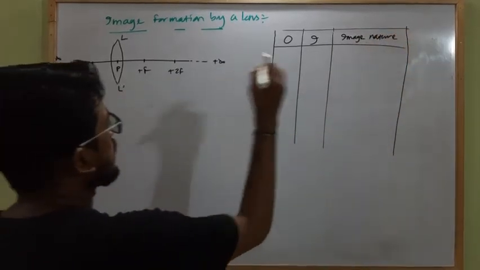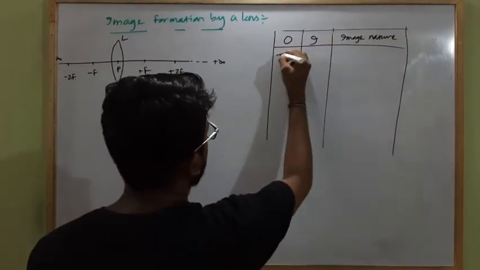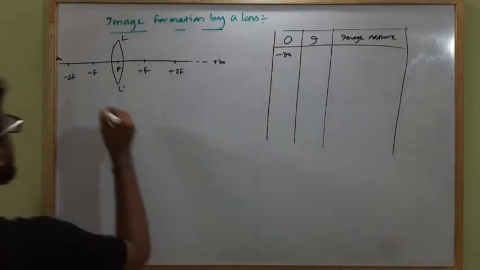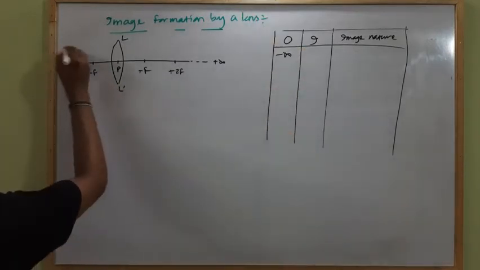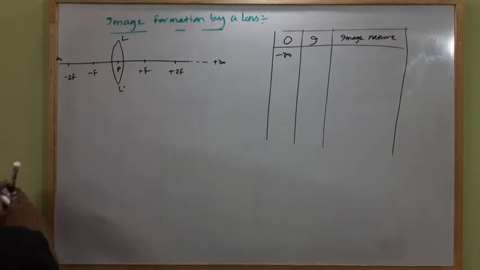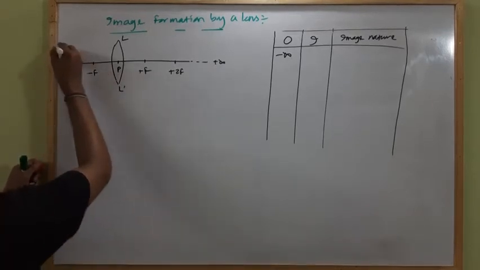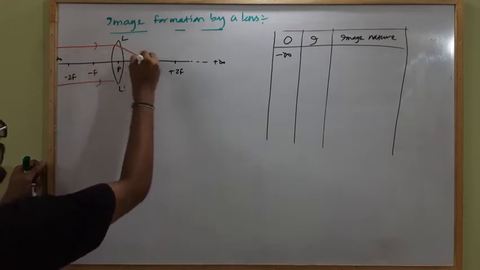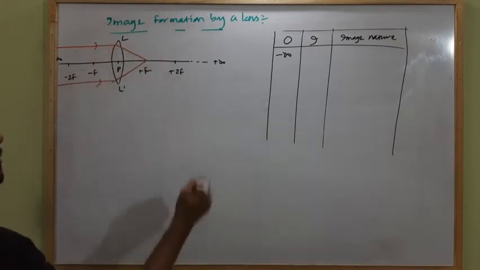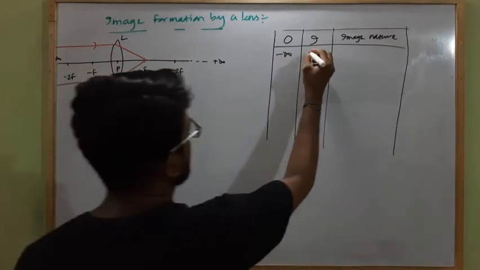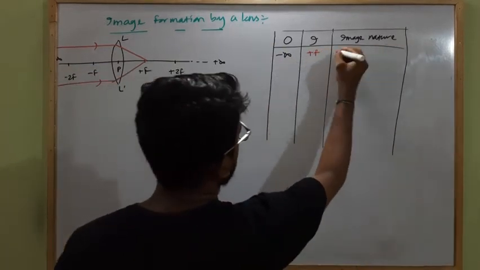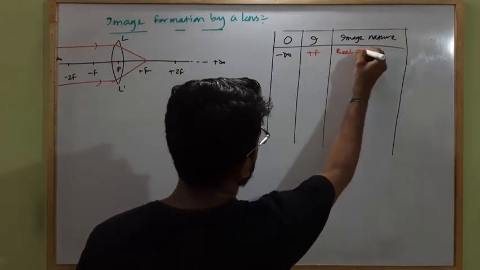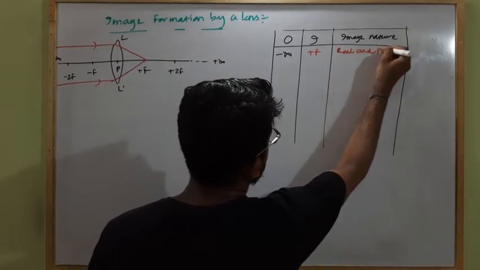Clear? So first, if object is at minus infinite, the rays will travel parallel to the principal axis, and after refraction they will meet at the focus. If object is at minus infinite, image will be at plus f. Condition of image, real and point image.